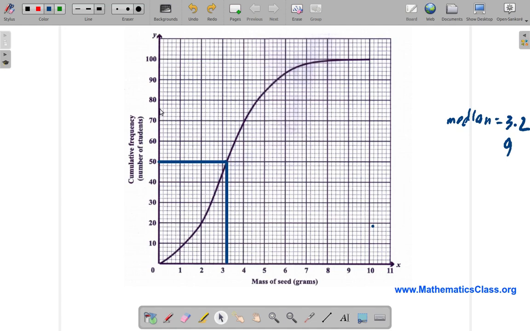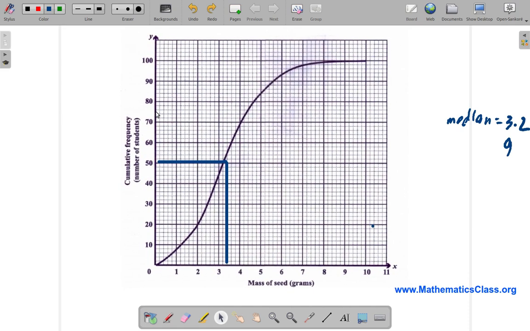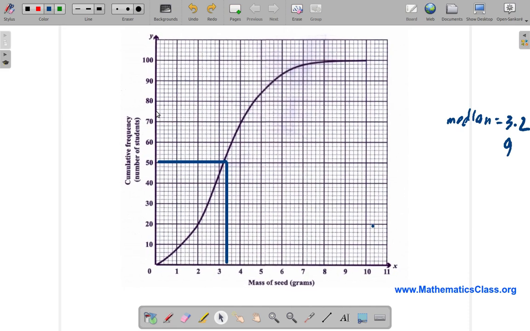So let's see. The upper quartile is at 75%. Halfway between 70 and 80. And you move across to the curve from 75. So you have 75 students.